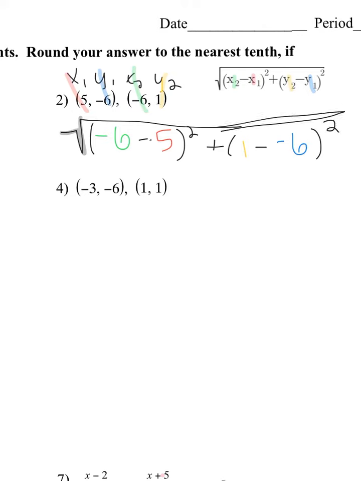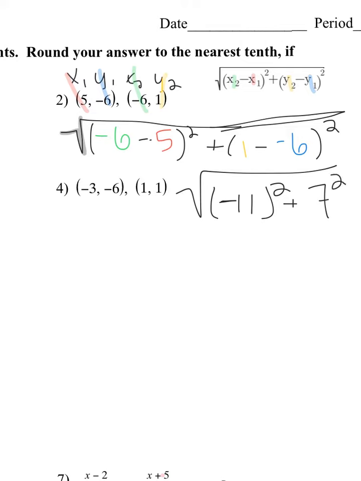All right, and now I'm going to start simplifying this. So I have negative 6 minus 5, which is going to give me negative 11. I'm keeping that negative inside the parentheses, so I remember to square the negative. And then I have 1 minus negative 6, which is 7. 1 minus a negative turns into a plus.